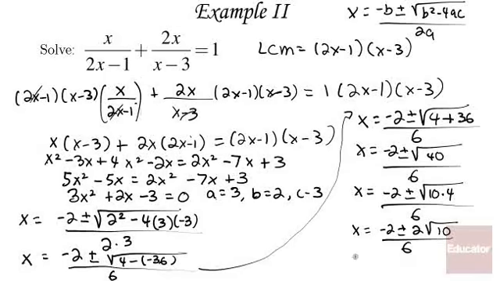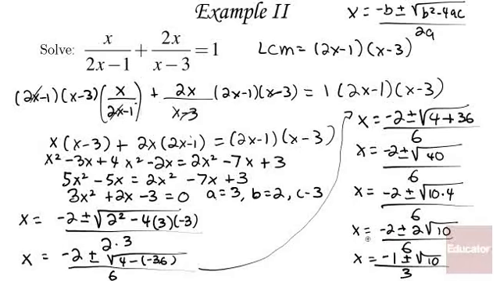I also have a common factor of 2 here. So I could factor a 2 out from here, and I can cancel out that common factor. So then I'm going to end up with negative 1 plus or minus the square root of 10 over 3. Okay. And that was by factoring out the common factor of 2.